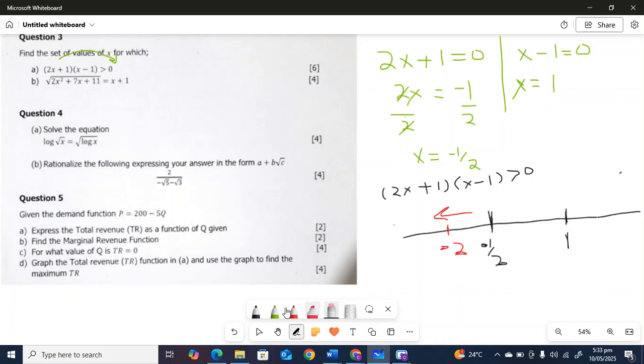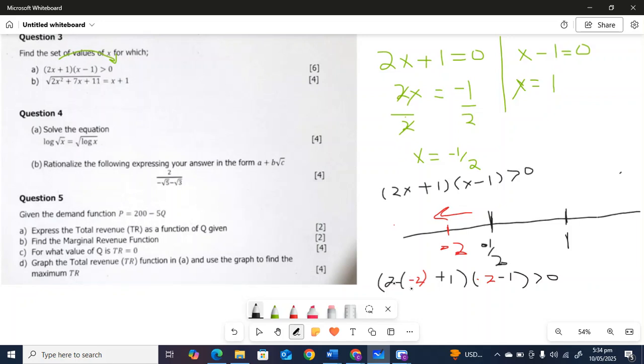If we substitute negative 2 back into this expression here, 2 times negative 2 plus 1, and here where there's x, you substitute it with negative 2, negative 2 minus 1. Want to see if this will hold the inequality true.